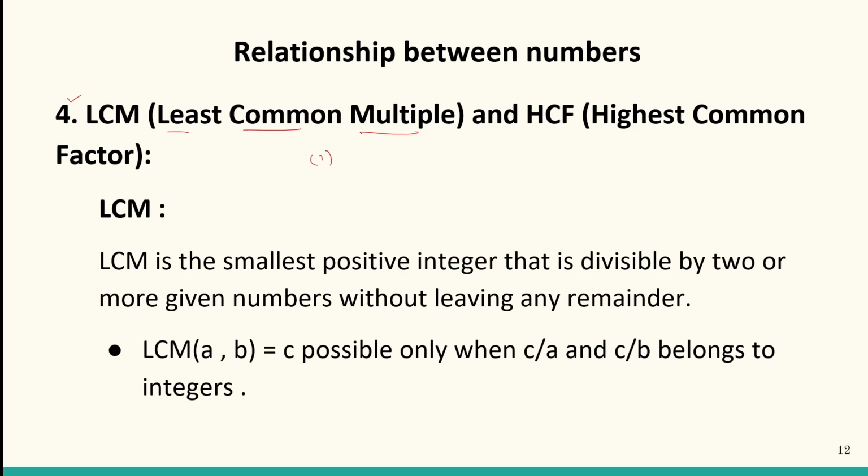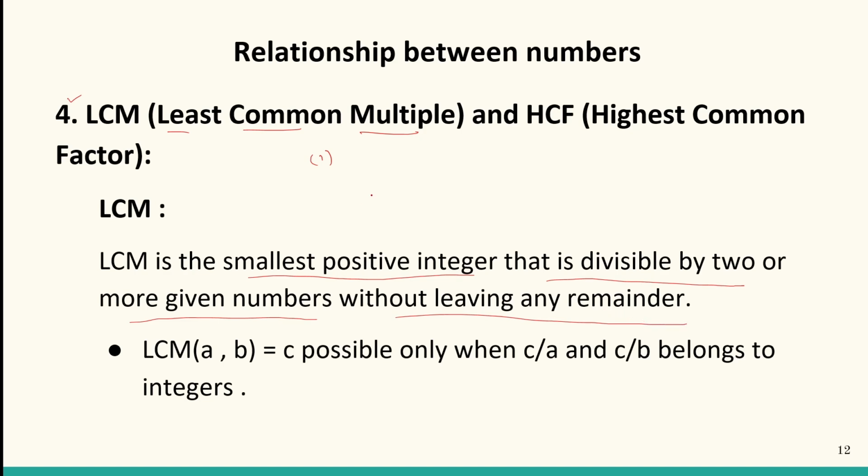LCM can't be found for a single number, so you need at least two numbers. LCM is the smallest positive integer that is divisible by 2 or more given numbers without leaving any remainder.